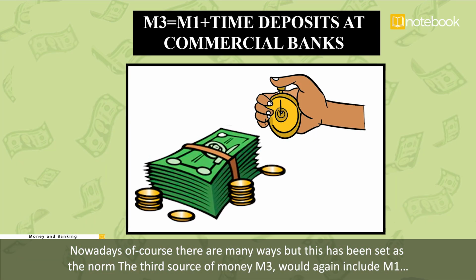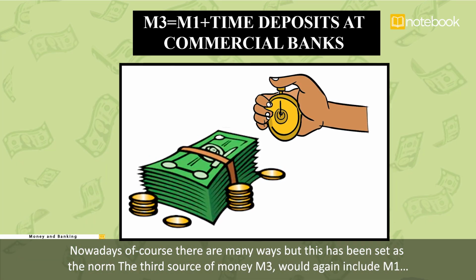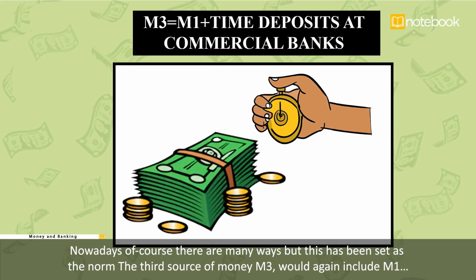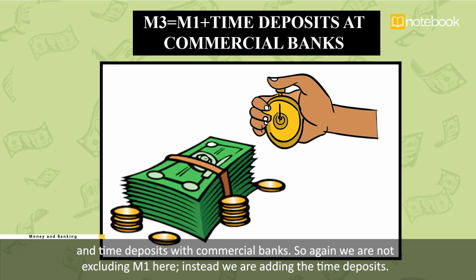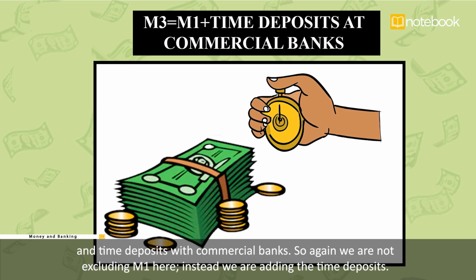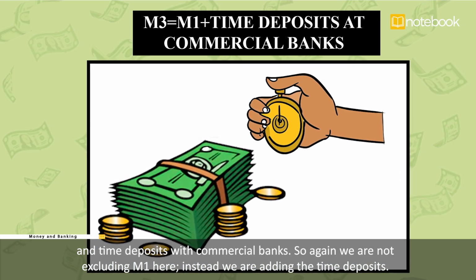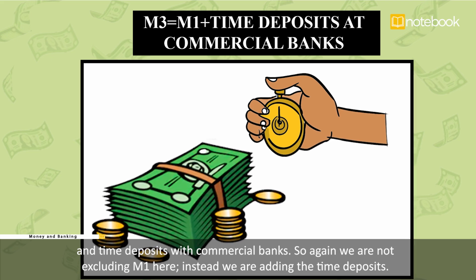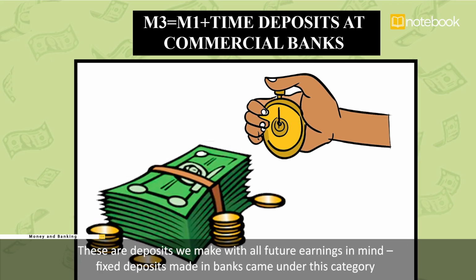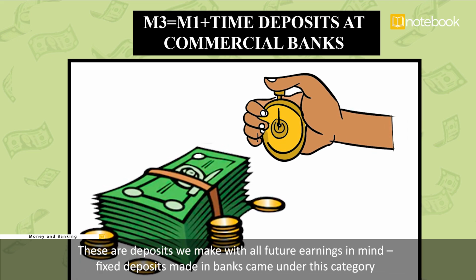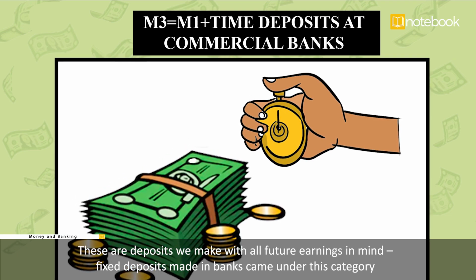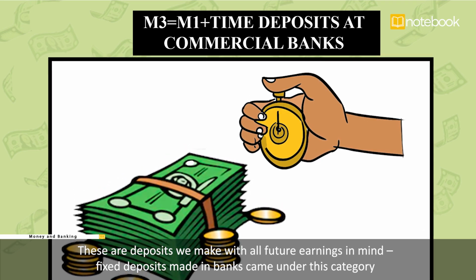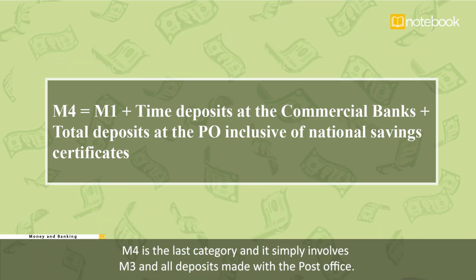The third source of money, M3, would again include M1 and time deposits with commercial banks. So again, we are not excluding M1 here. Instead, we are adding the time deposits. These are deposits we make with all future earnings in mind. Fixed deposits made in banks come under this category.